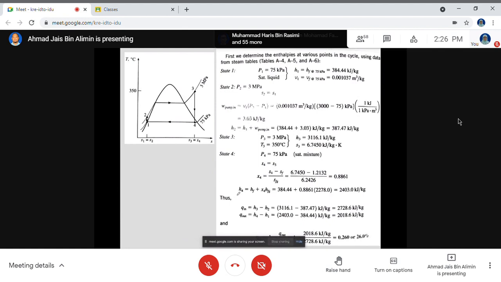Sekali lagi diulangkan. Kat sini masih lagi pakai lever rule. Sebab kita nak tahu apa yang berlaku dalam perjalanan daripada 4 ke 1 sini. Kita tengok dalam ni. Tekanan pertama diberi, so nilai tekanannya itu ialah nilai enthalpy dia. Rujuk jadual E4, E5 dan E6.